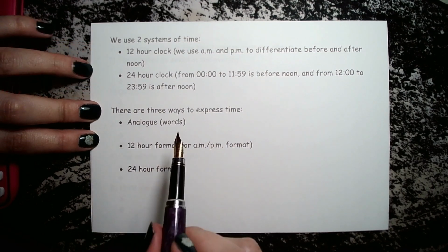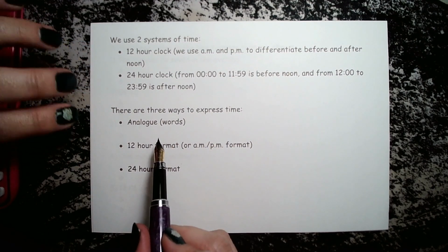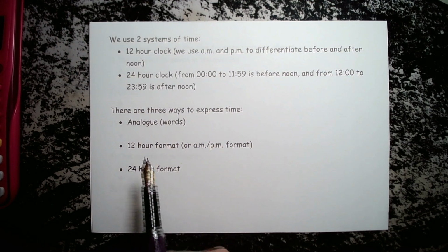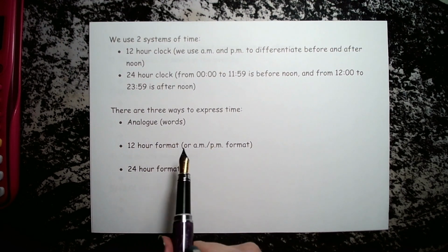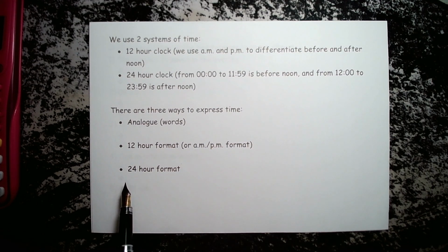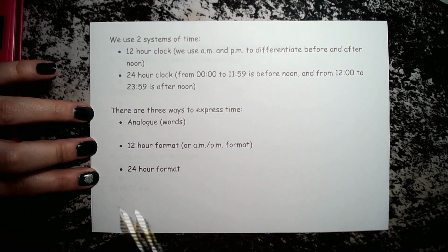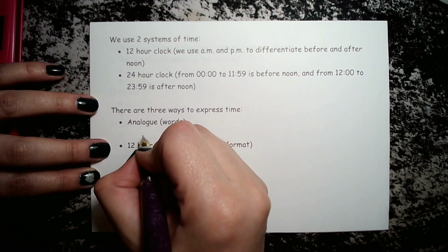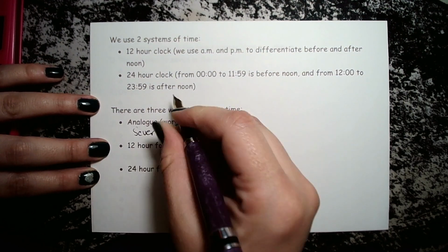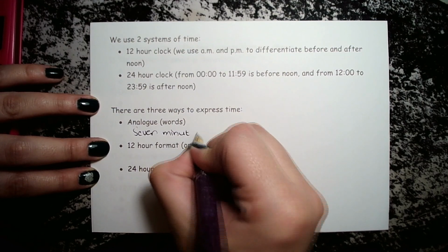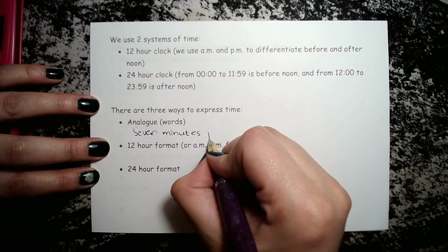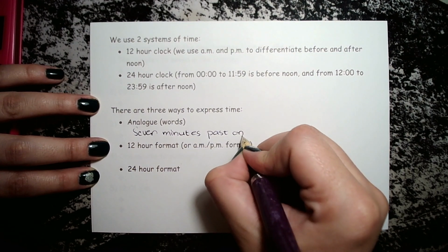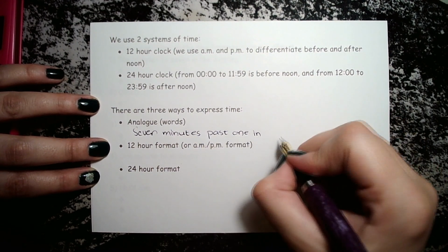So there are 3 ways to express time. We have analog, which is in words. We have the 12-hour format, which is the AM PM format, and then we have the 24-hour format. So if we were to express the same time in these 3 ways, we could have, for example, 7 minutes past 1 in the afternoon.